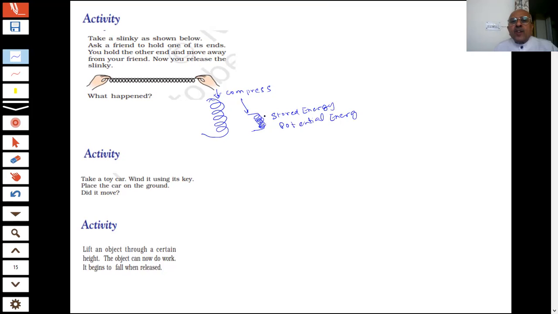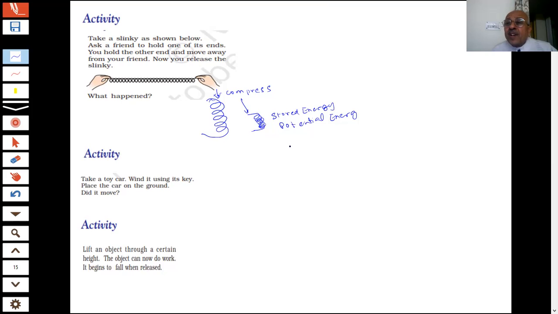So students, we did work on it. As a result, the spring is compressed, student. As you can see, as soon as you release it, it comes back to the original shape. And when it is in the compressed form, there is energy stored in it, student. So there is energy stored due to change in shape, change in position of the object, or when you raise an object to a particular height, student.